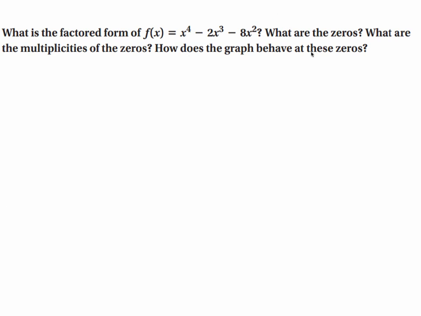Suppose I want to factor this polynomial. Well, it's x to the 4th minus 2x cubed minus 8x squared. Fill out your common factors here. So I'm going to pull x squared out.